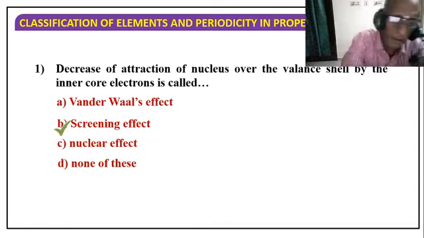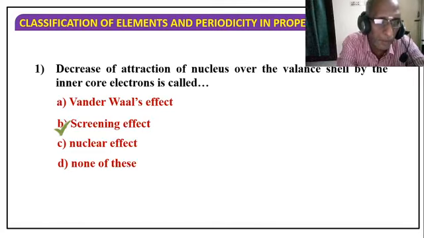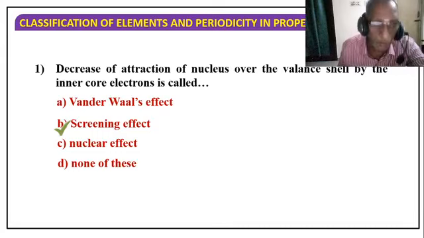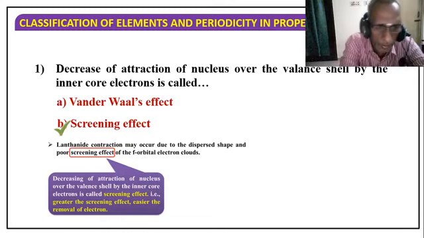But if we don't go through the subject, we will be tempted to write nuclear effect, because attraction of nucleus means nuclear effect. But having studied and gone through the syllabus content, we can correctly mark screening effect. The screening effect is the decrease of attraction of the nucleus over the valence shell by the inner core electrons.